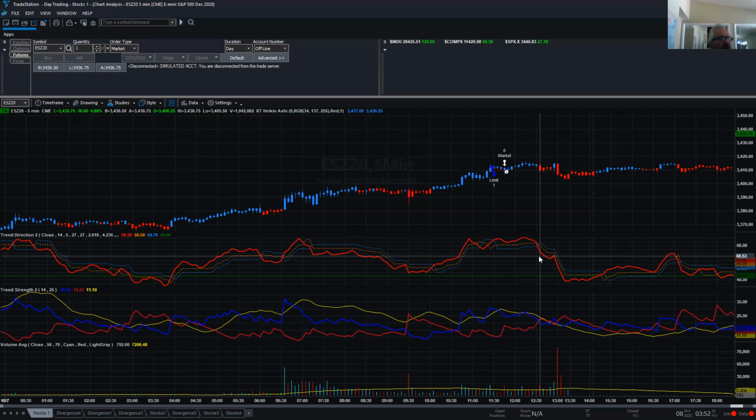Now here is a down move with down strength, bearish strength, but we're in a bullish environment, or a bullish dominant directional section. So this is really a toss-up.